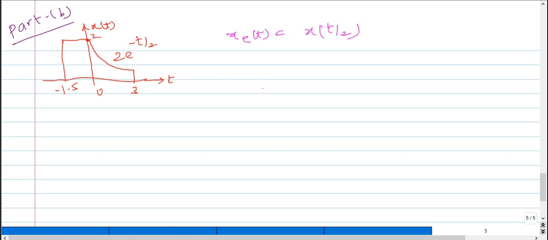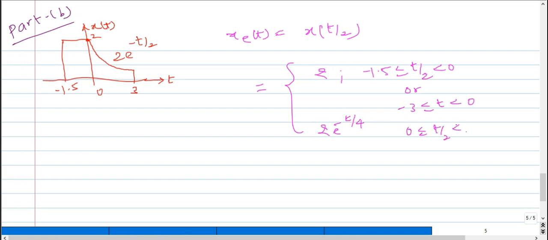So this will be equal to 2 to the power minus t by 4 between 0 and 6, and this is 0 otherwise.